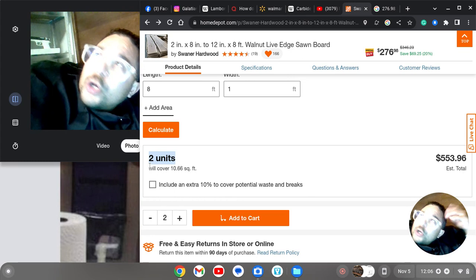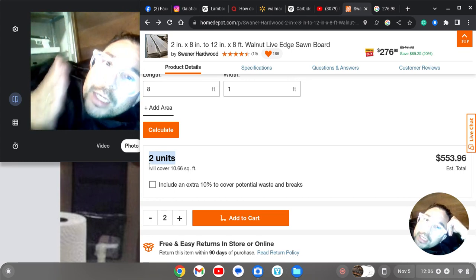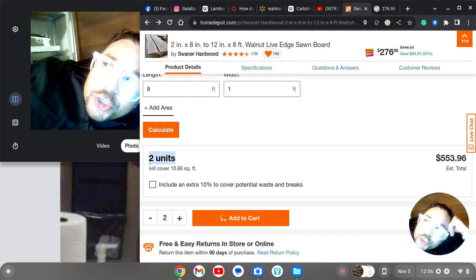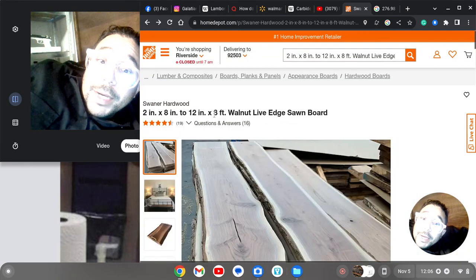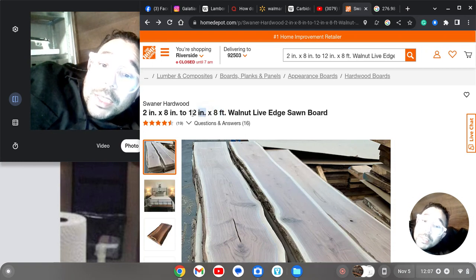So the code is basically cutting the wood in half when it shouldn't, because here it specifies 8 feet.